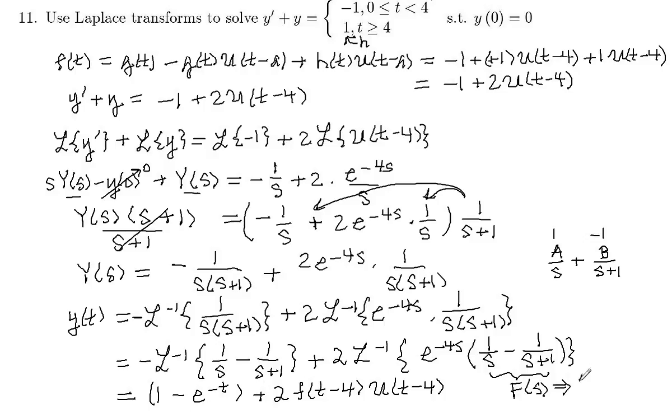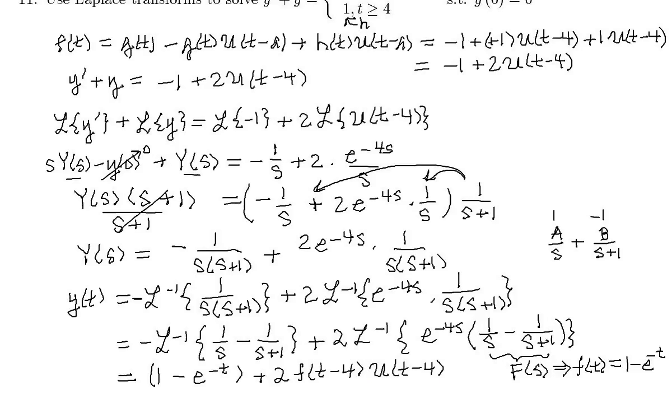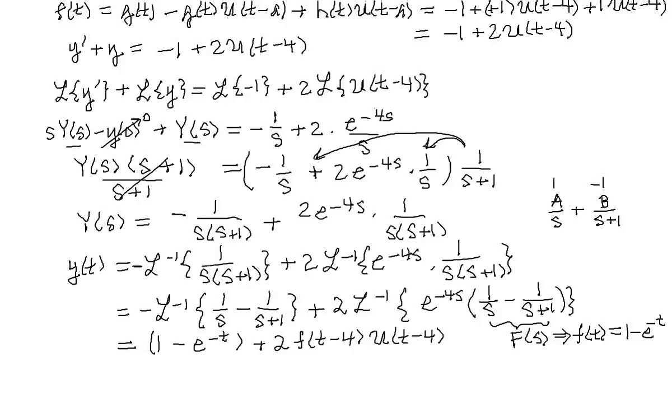So that means that our little f of t is 1 minus e to the negative t. So we need to plug in t minus 4 there. Oh, I forgot my minus sign out in front. So this negative we could pull inside and change the signs on both of these. That would become a positive e to the negative t and a negative 1.